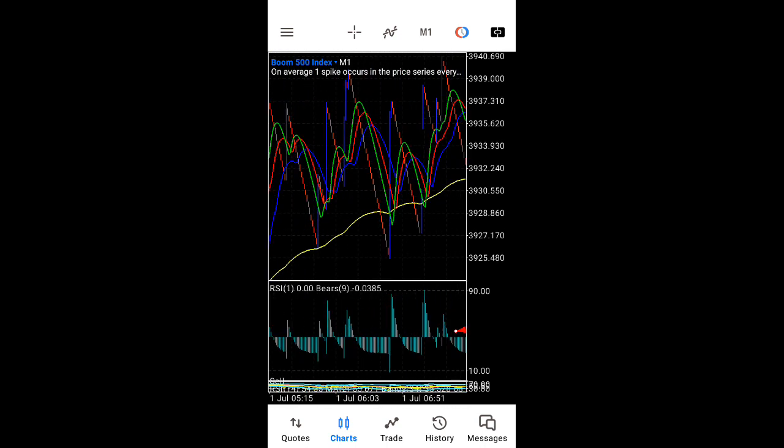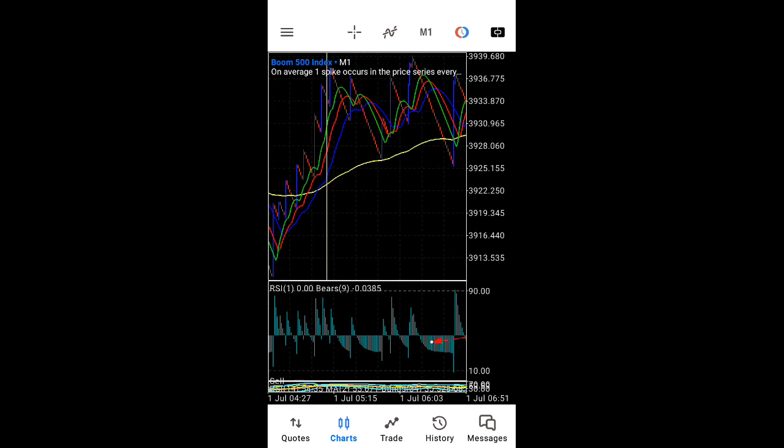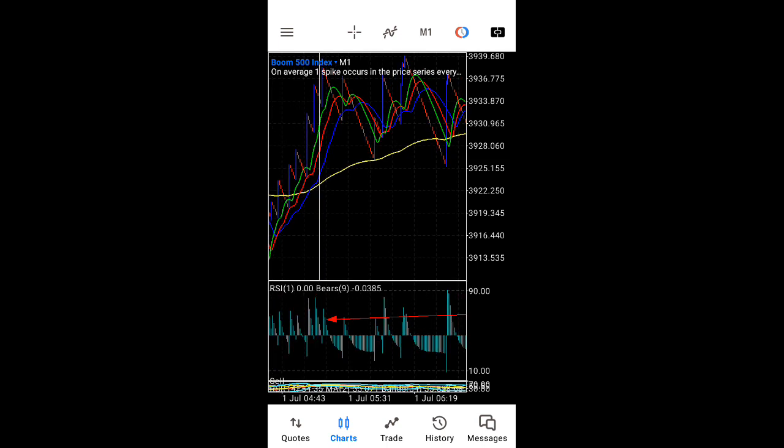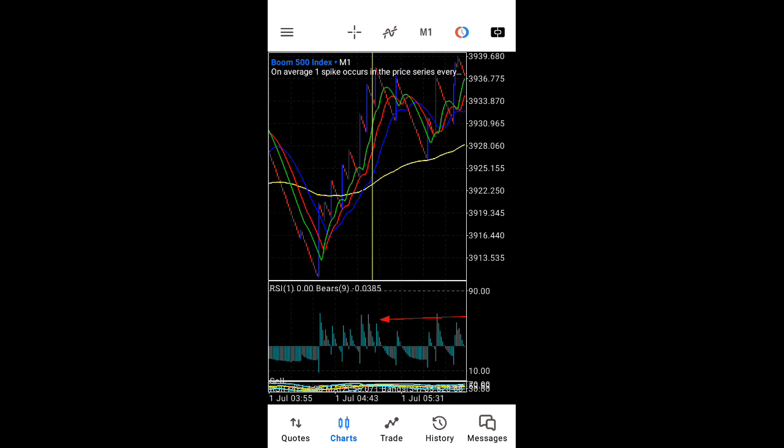As you can see over here, this, according to our 5 minutes chart, is our first divergence spot.